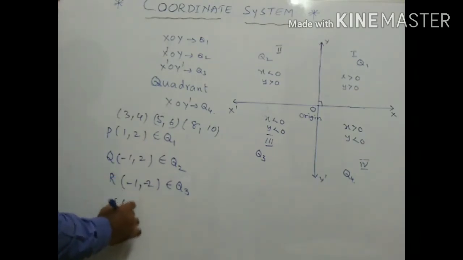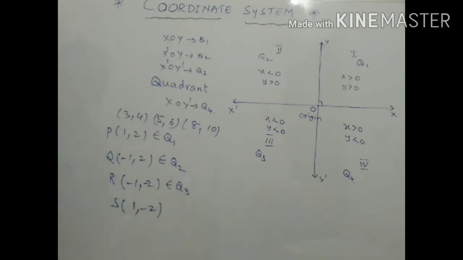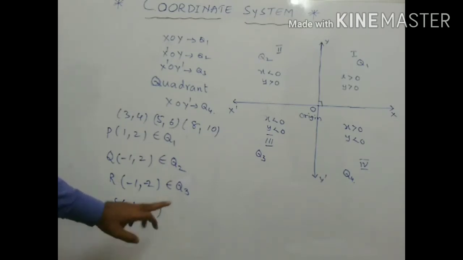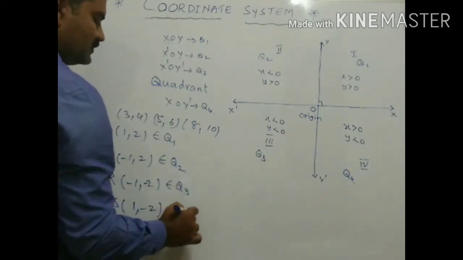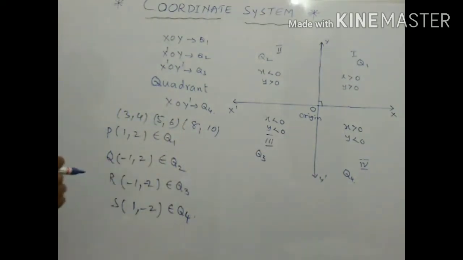And finally, S is one more point, suppose it is (1, -2). I mean the x coordinate is positive and the y coordinate is negative. So where is it possible? In the fourth quadrant. So it belongs to Q4. So my dear students, with the help of the sign of the x coordinate and y coordinate, we can decide the location of the point.